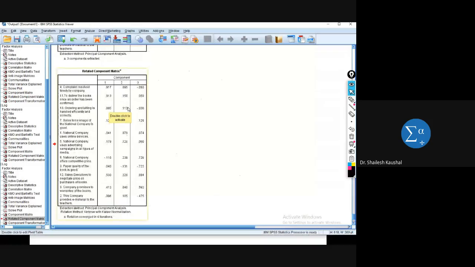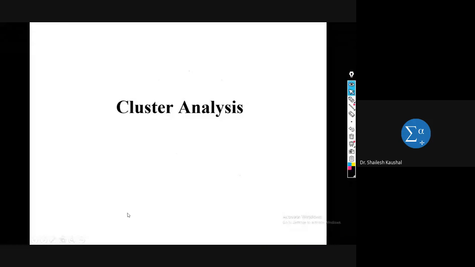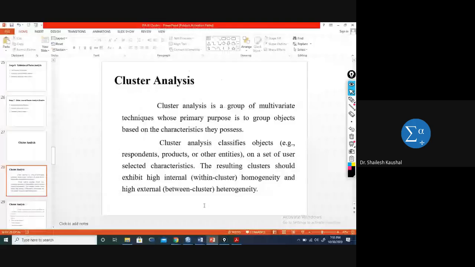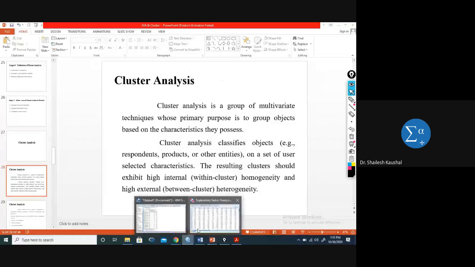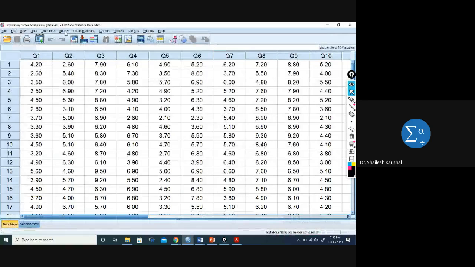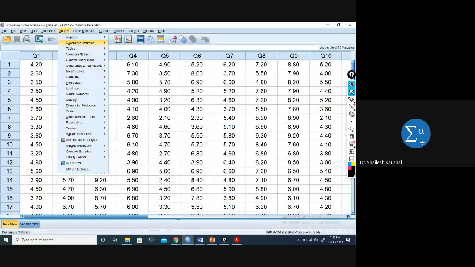How will we do it? I am performing it again. So how do we suppress it? Analyze, then dimension reduction, and then factor.